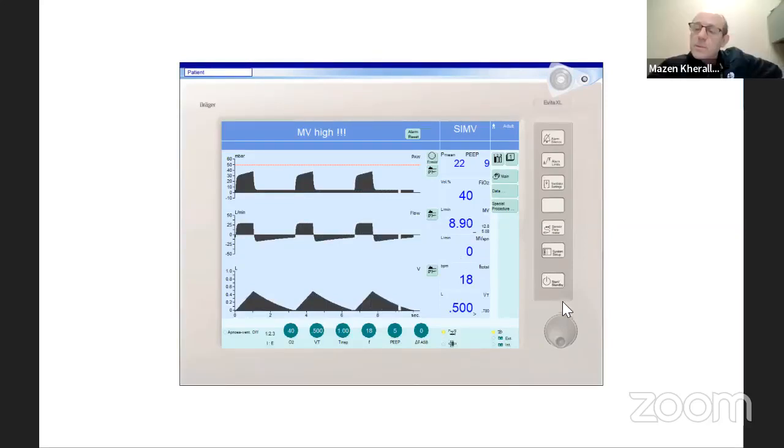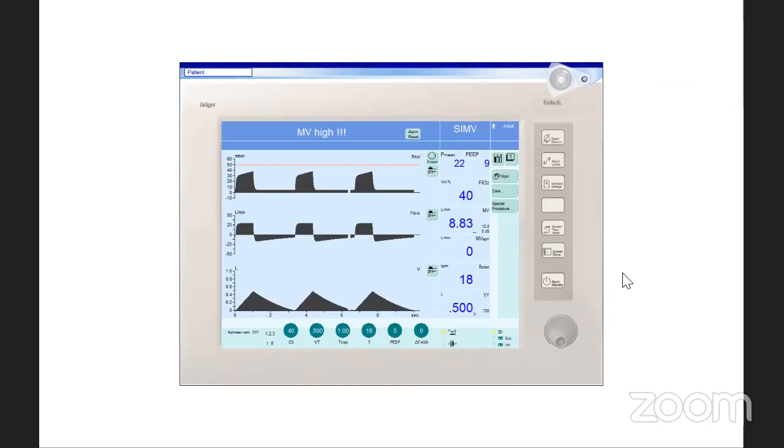Well, we can't hear you very well, Ala. The tidal volume, okay. 6 mL/kg. Okay. So the next thing you said is that you're going to decrease the tidal volume. Is that correct? Yes. Okay.